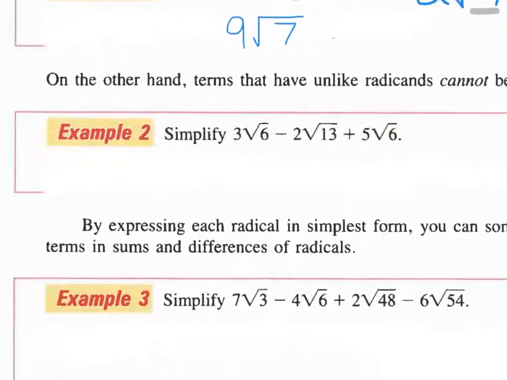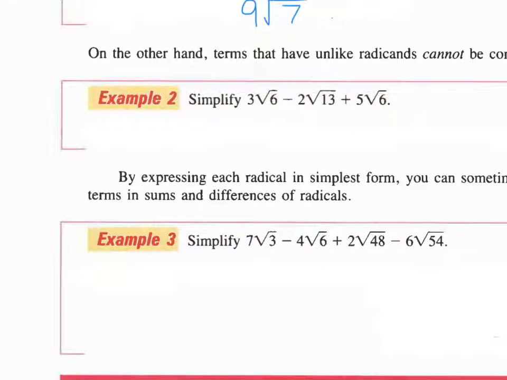So in example 2, I see 2 terms that have the same number under the radical. So notice I've got a square root of 6 here and a square root of 6 here. There is no other term that has the square root of 13, so that term I'm leaving alone. But these 2, I'm able to add those numbers outside of the square root.